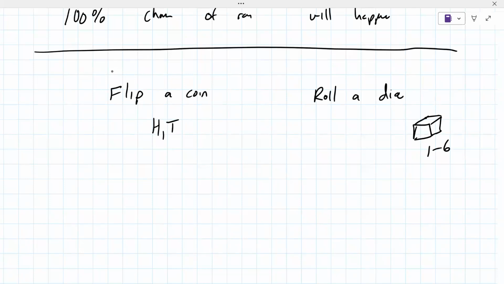Okay. Can you give me what's called the sample space, which is all the possible outcomes? So 12. Okay, and can you write them down?